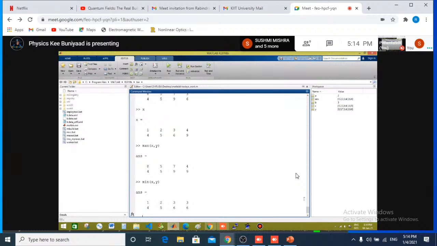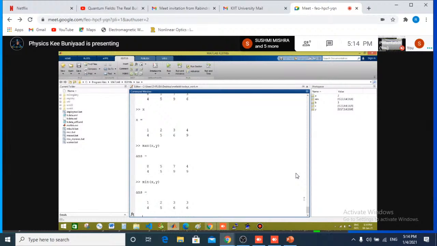Similarly, if I take another matrix containing this one, here if I calculate the mean, it will give you the mean of every column.